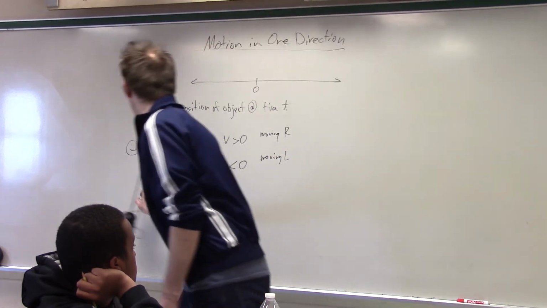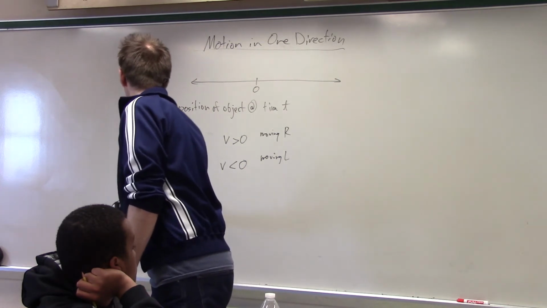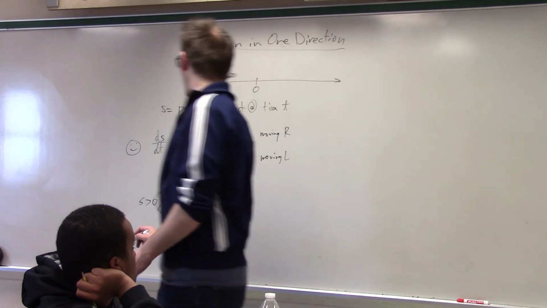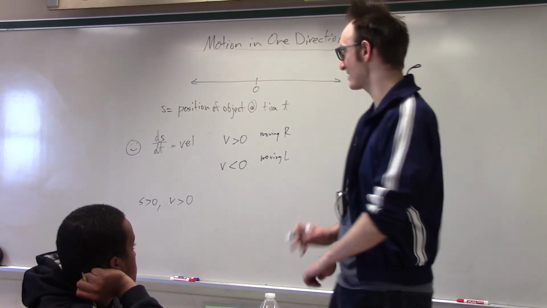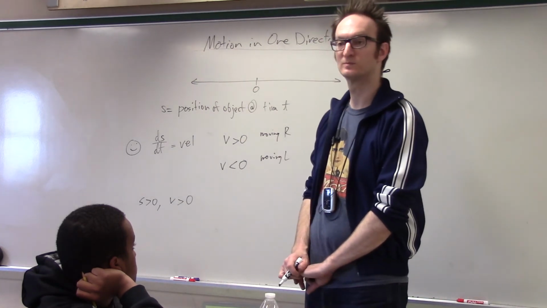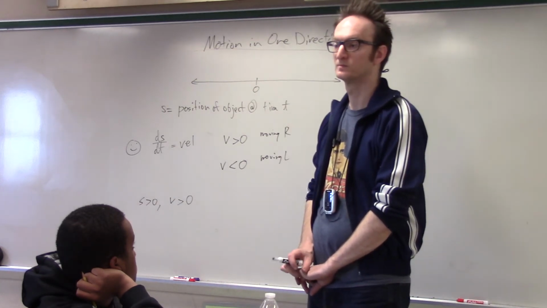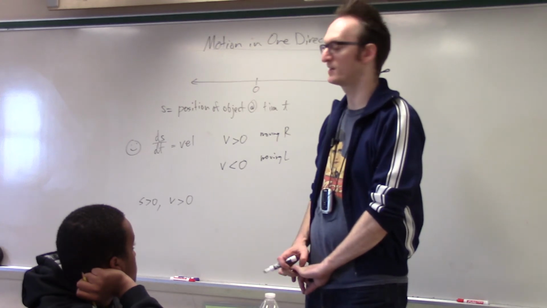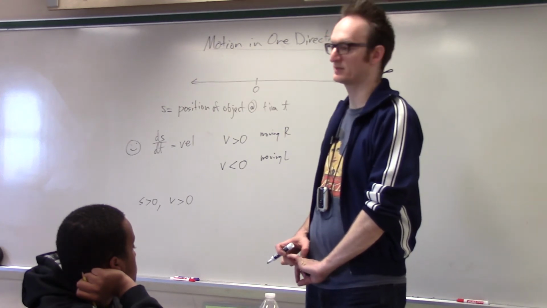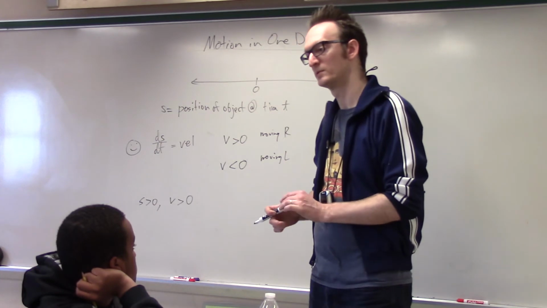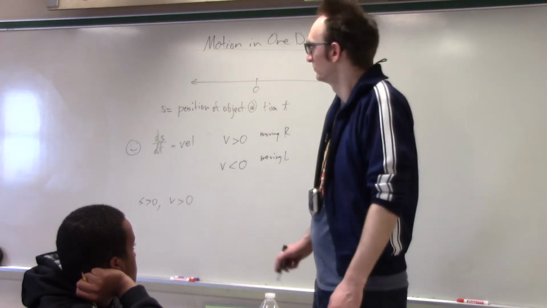What if my position is positive and my velocity is positive? Can someone say in words what's going on? Eric, what's going on if S is positive and V is positive? You're on the right side of 0 and you're moving right. Exactly.